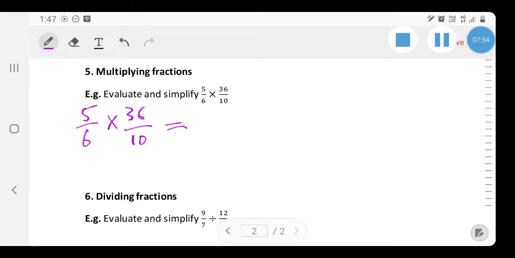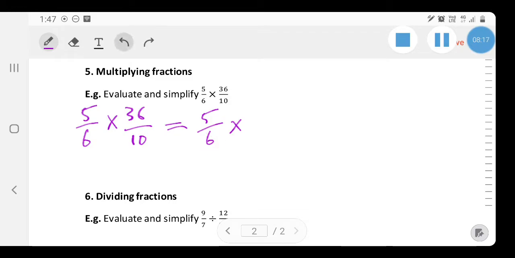And at this stage, what I can do is start rewriting some of these numbers as products of 2 or more other numbers, and then find things to cancel out. So 36, if I sort of think ahead a little bit and look down here, I can see that there's a 6 on the bottom of this fraction.